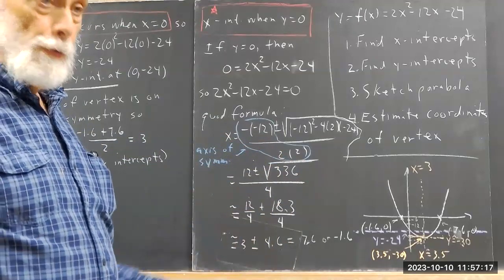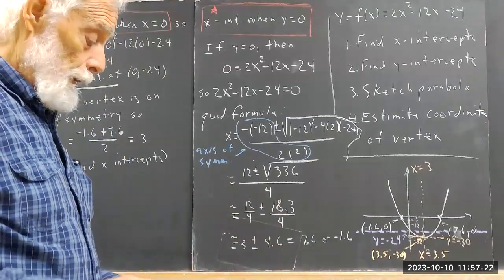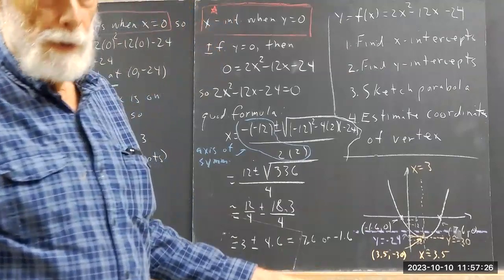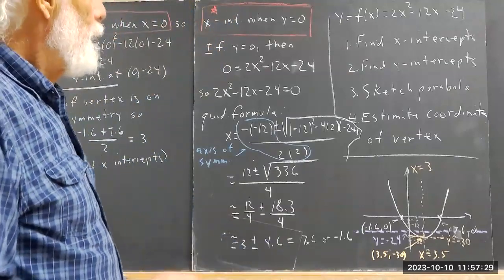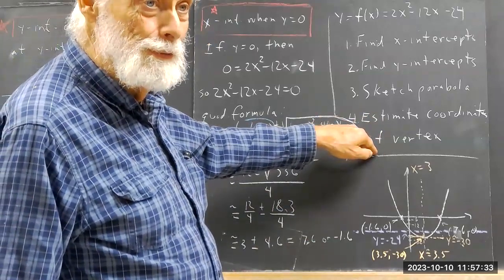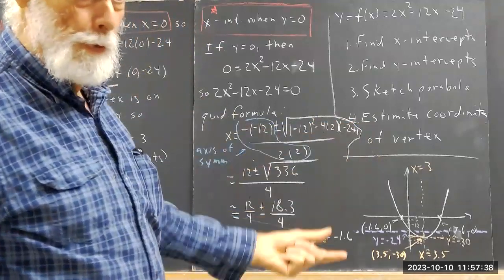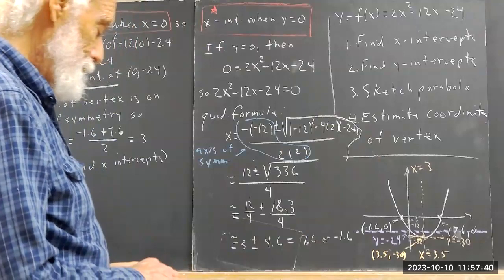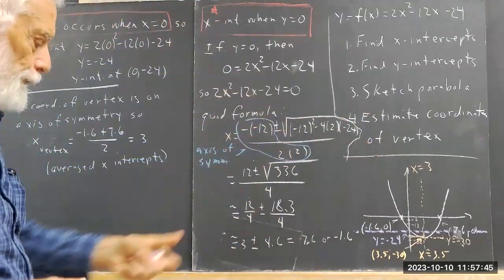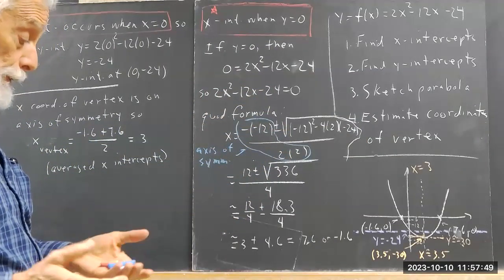And a couple of you, I think maybe a majority of the class, were using that -b over 2a thing. Because we did it last time, it'd be a natural thing to do. Now, when you were doing that, you weren't doing what I asked you to, which is estimate the coordinates. Okay. But you were doing a good thing. That wasn't great that you weren't exactly following the directions because there's a reason I asked you to do it this way. But still, if you remembered that, that's very good.